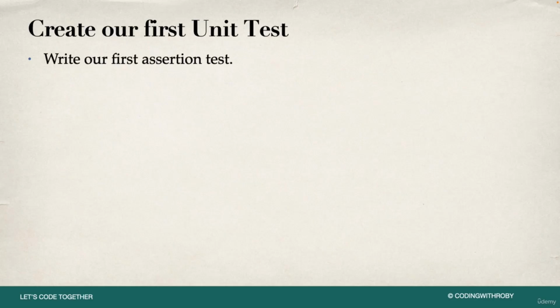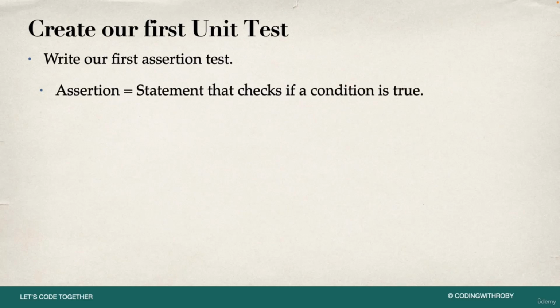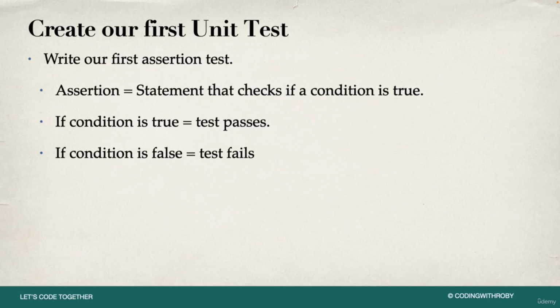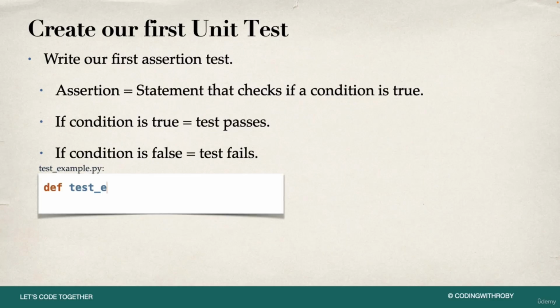So we need to write our first assertion that can be tested. An assertion simply means a statement that checks if a condition is true. If the condition is true, that means the test passes. If the condition is false, that means the test fails. So if we wanted to see a quick example inside our test_example.py, we can create a new function, def test_equal_or_not_equal, where we can say assert 3 == 3.